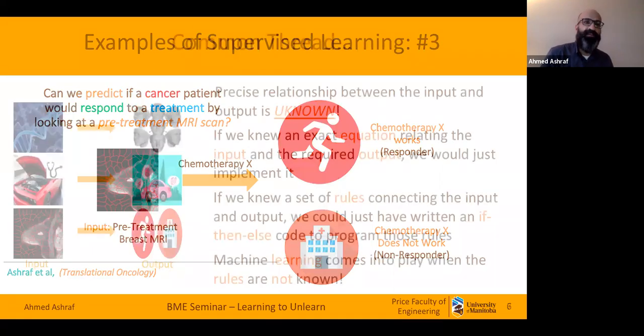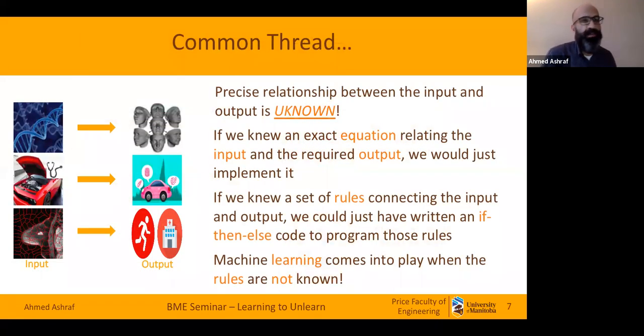So let's spend a few seconds on discussing that. Why are these problems machine learning problems to begin with, and how are they supervised learning problems? First of all, one common thread across these example problems is that we do not know the exact relationship between the input and the output.